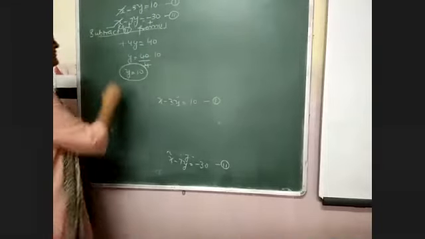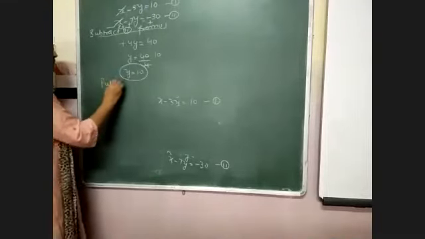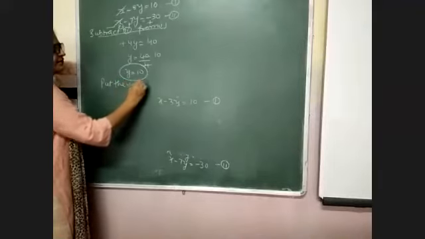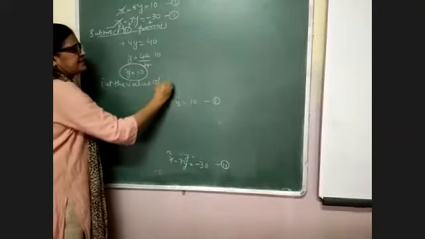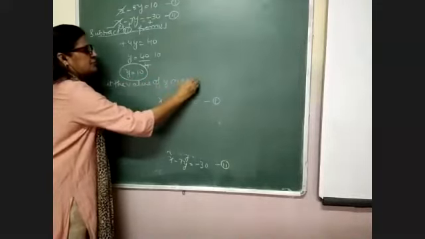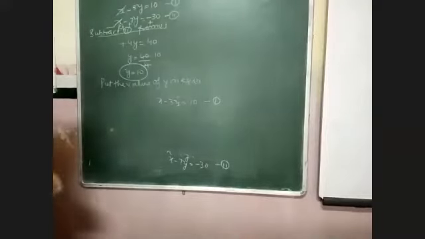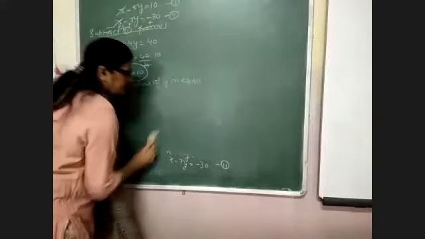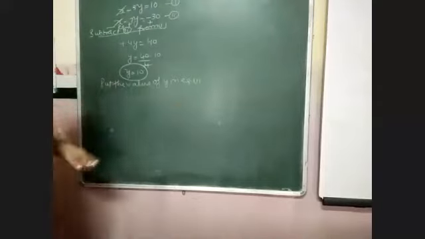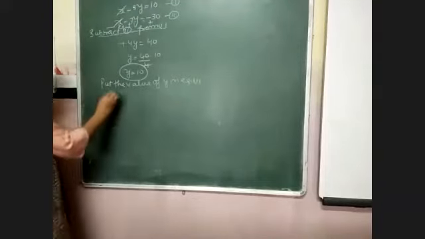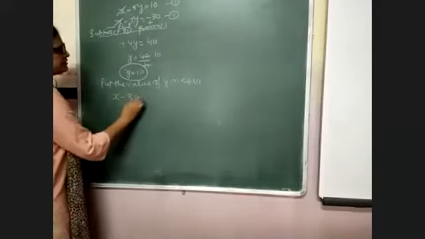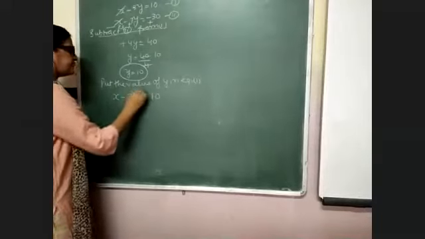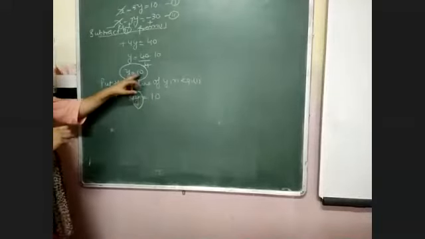So put the value of y in any equation, 1 or 2. In equation 1, your equation is x minus 3y equals 10. So put the value of y equal to 10.